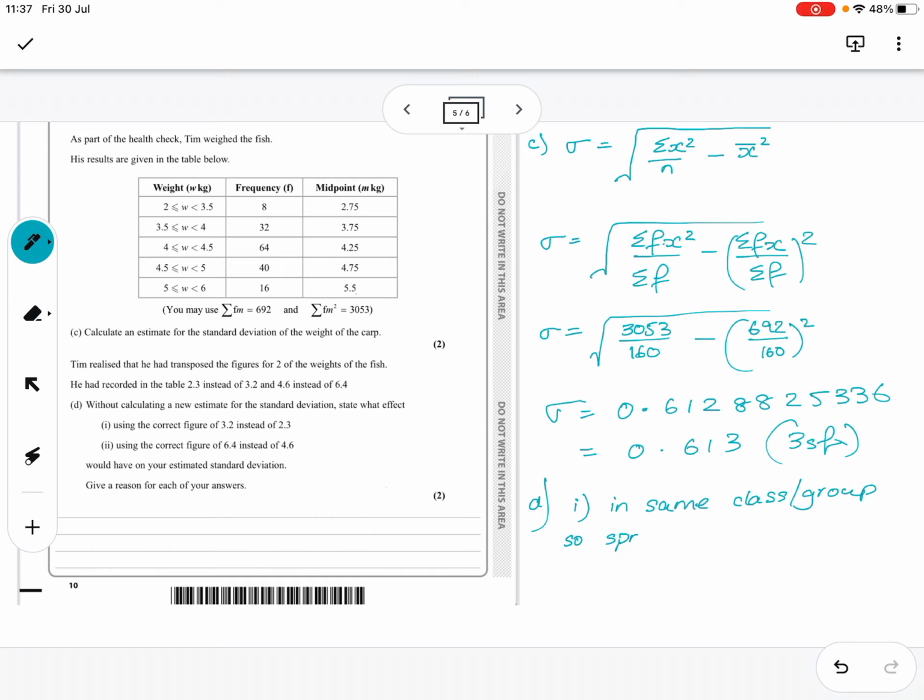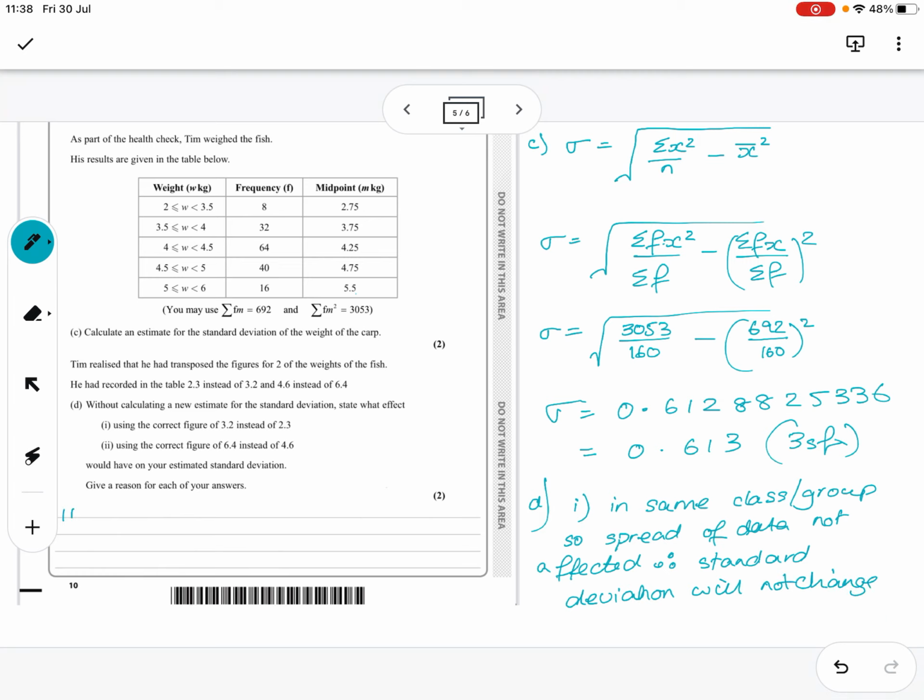So the spread of data is not affected, therefore the standard deviation will not change.